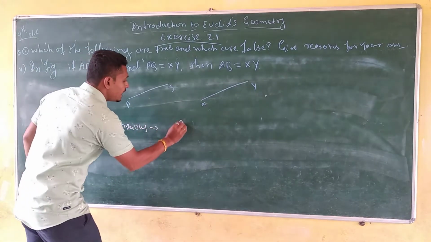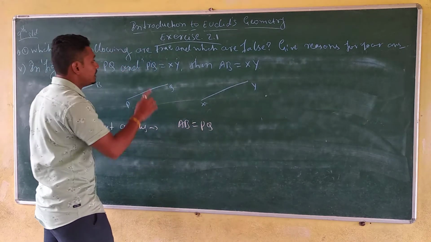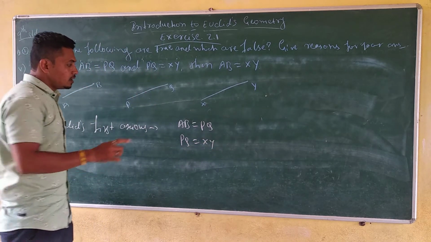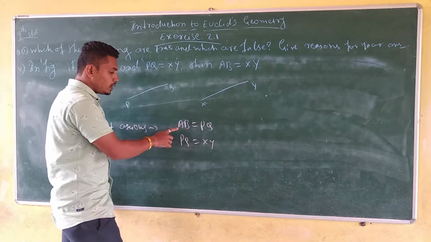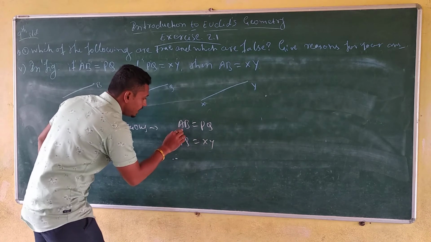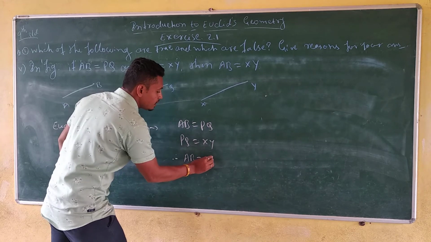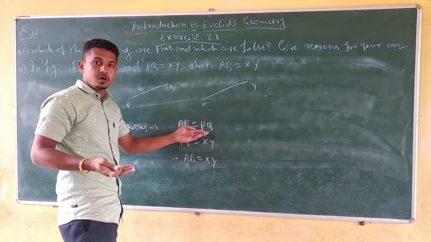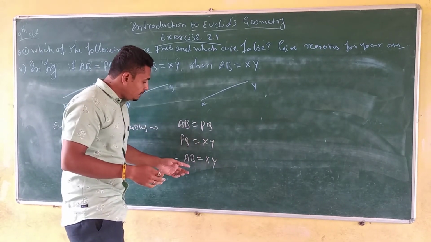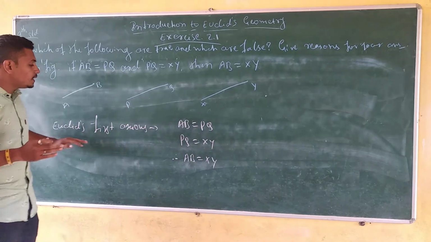See here, AB is equal to PQ. Next, PQ is equal to XY. So PQ is equal to AB and XY is equal to PQ. Therefore we can write AB is equal to XY, because AB is equal to PQ and PQ is equal to XY. Obviously AB is equal to XY according to Euclid's first axiom.